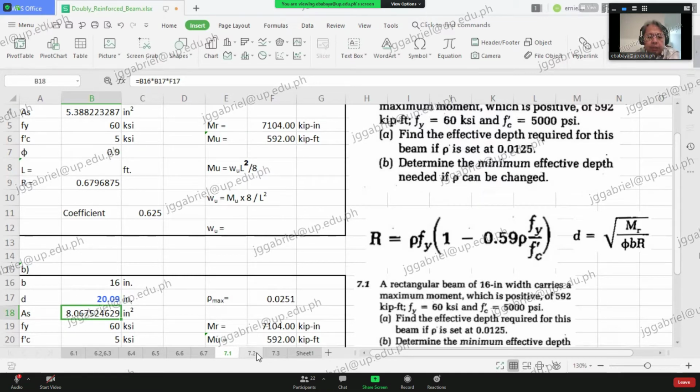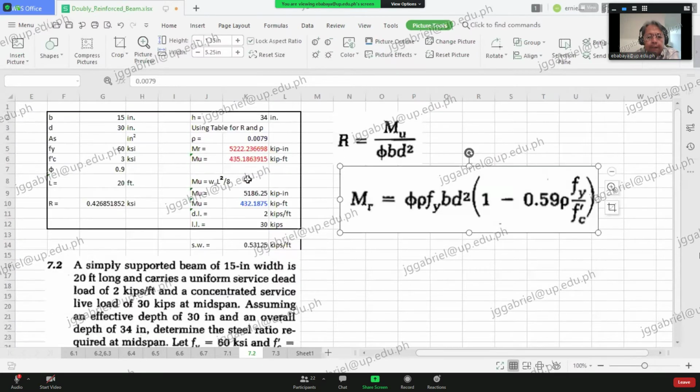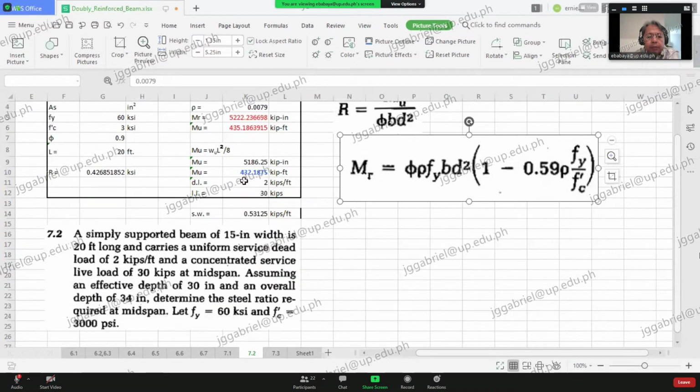Okay, let's proceed to 7.2. It says in the problem, a simply supported beam of 15 inches width is 20 feet long and carries a uniform service dead load of 2 kips per foot and a concentrated service live load of 30 kips at mid-span.